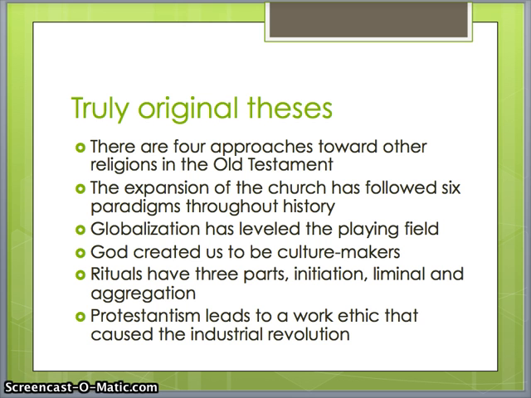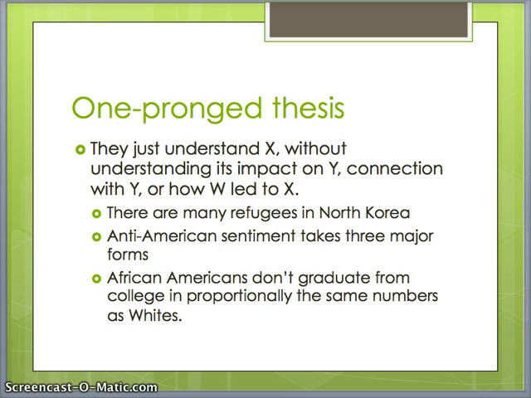This is Van Gennep's theory about rites of passage. Protestantism leads to a work ethic that caused the Industrial Revolution. This is Max Weber's thesis that has endured over time because it was original and substantiated and actually added knowledge instead of just saying there are many views of work or something like that.